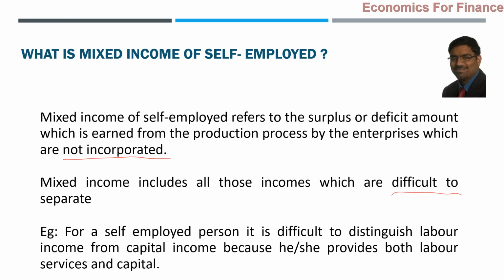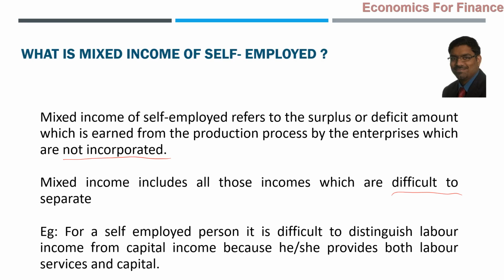So whatever the profit the person earns, how much is towards his labor, his value added in the form of work he has performed, or how much is towards the capital that he has provided to this particular profession or business, that is difficult to distinguish, difficult to segregate. That is why we don't segregate. Nobody is telling that you do a great exercise of segregating it. Simply we say, okay, it is mixed income of self-employed.